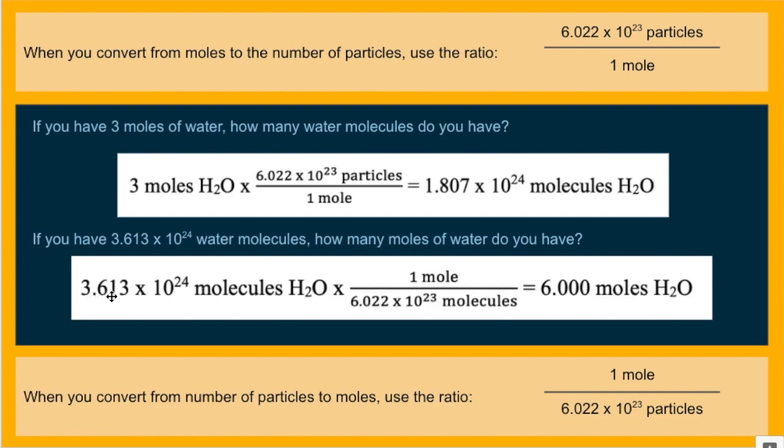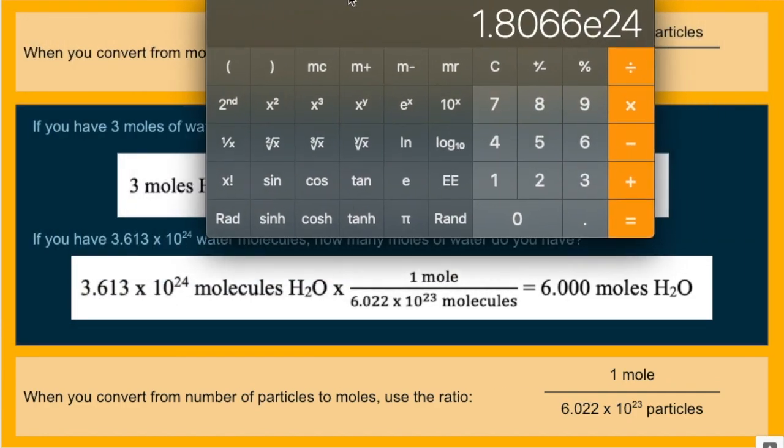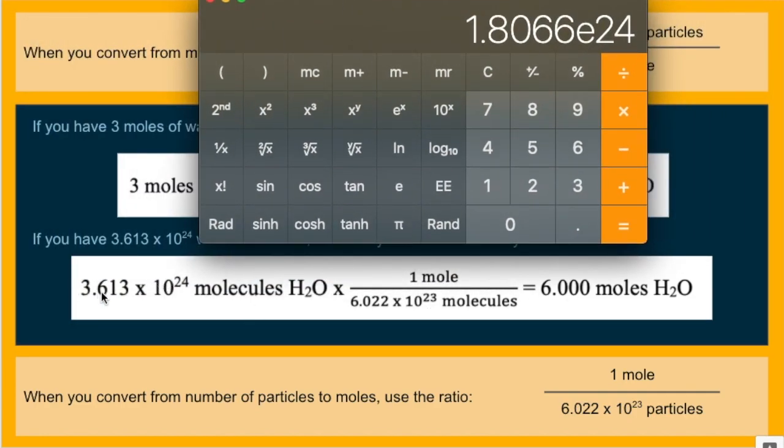So if I have 3.613 times 10 to the 24th molecules, I'm going to have molecules at the bottom, so I'm using this ratio. Put that in here. So on my calculator, I'm going to be dividing 3.613 times 10 to the 24th by my 6.022 times 10 to the 23rd. Because if I multiplied this together, it would just give me a huge number, so I just have to divide.